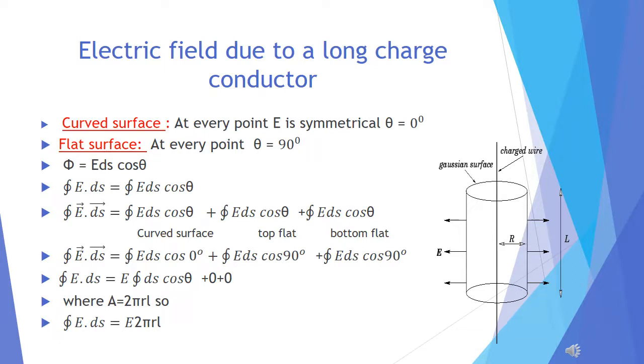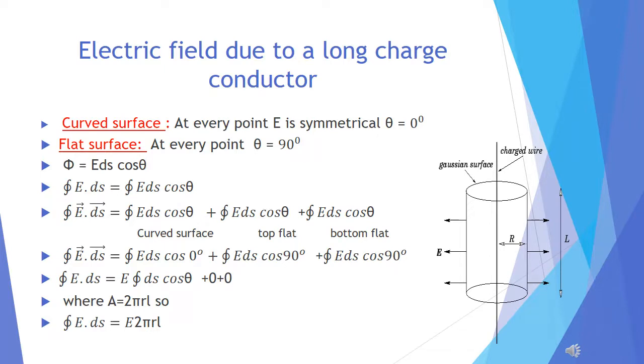Now for the upper and lower sides, their area vector dS and the electric field have an angle of 90 degrees. They are perpendicular to each other, so it is not completely symmetrical. But when we cannot imagine one surface which is completely symmetrical, then we divide our Gaussian surface into two surfaces so that each surface has its own separate symmetry.